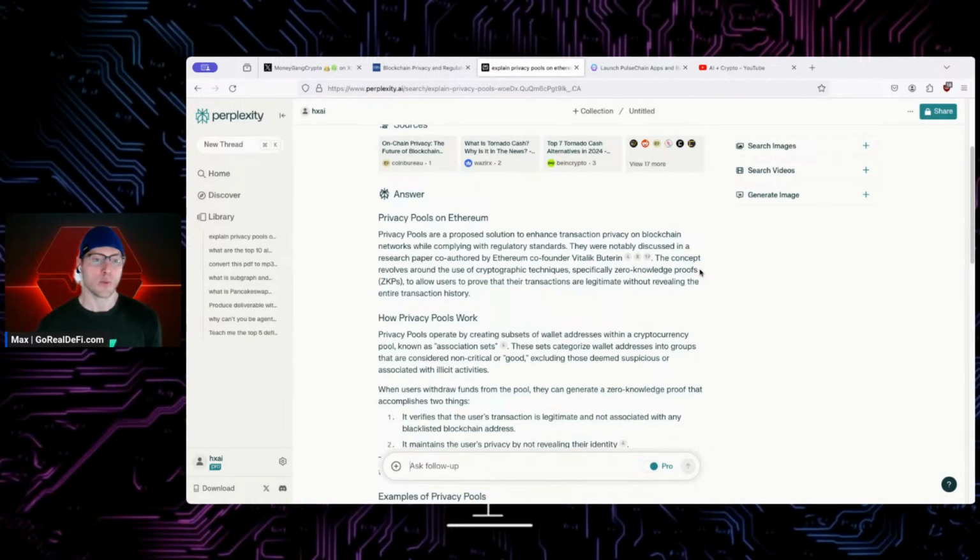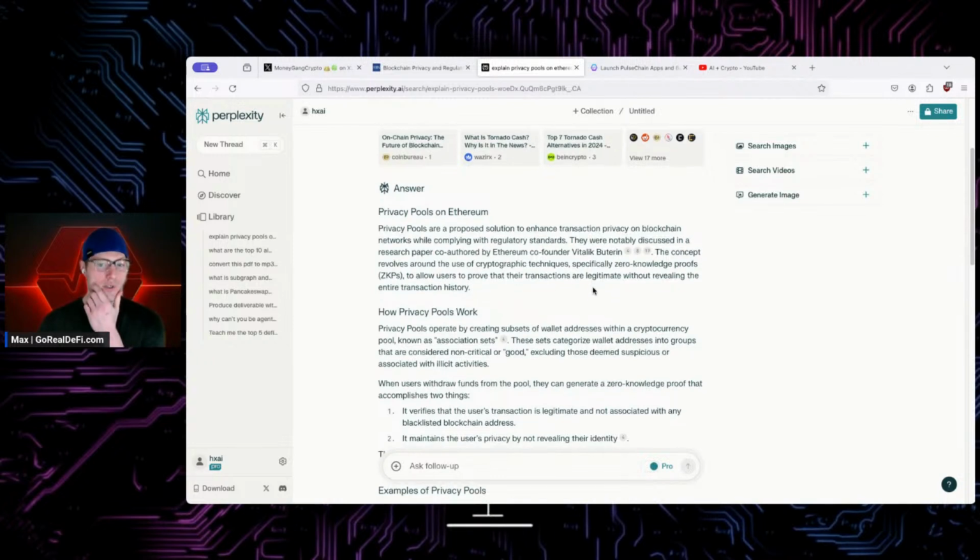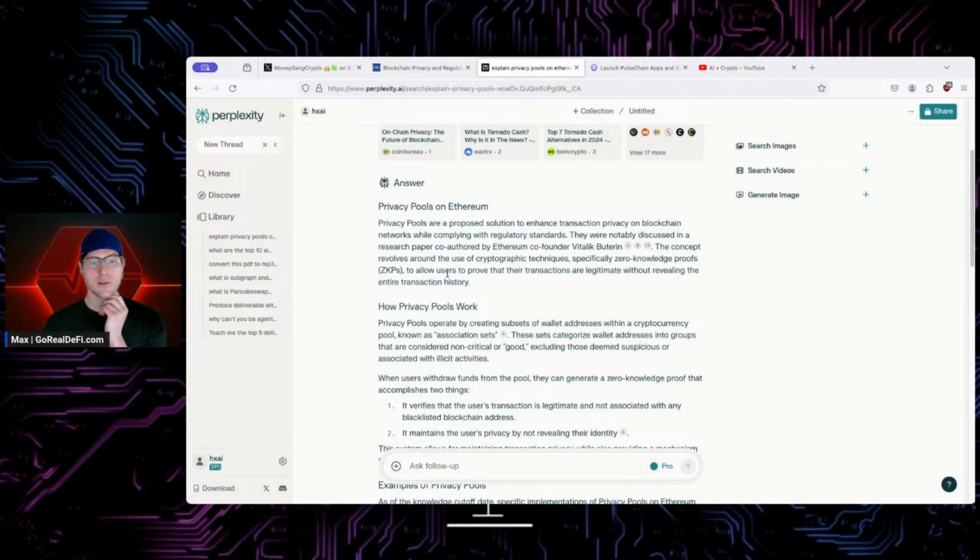But anyways. Privacy pools are a proposed solution to enhance transaction privacy on blockchain networks while complying with regulatory standards. They are notably discussed in a research paper by Vitalik. The concept revolves around the use of cryptographic techniques such as ZKPs, zero knowledge proofs, super cool tech, in order to allow users to prove their transactions are legitimate without revealing their transaction history. I've known about zero knowledge proofs for a long time, being in the tech industry. It's a cryptography thing that is really, really cool.